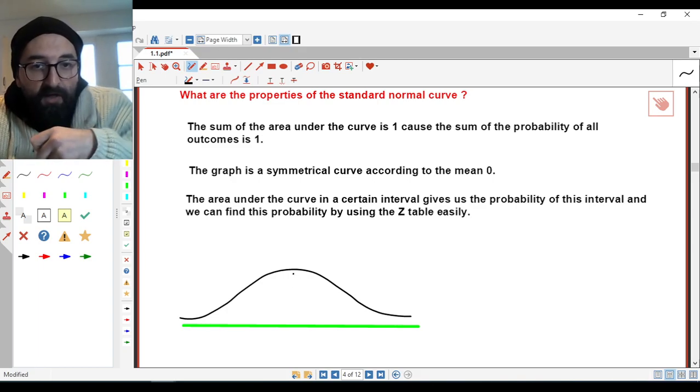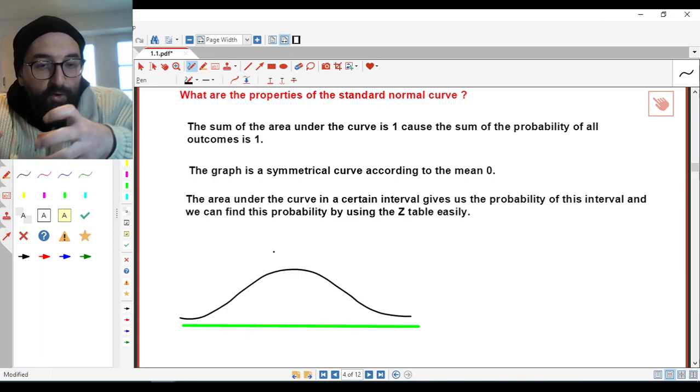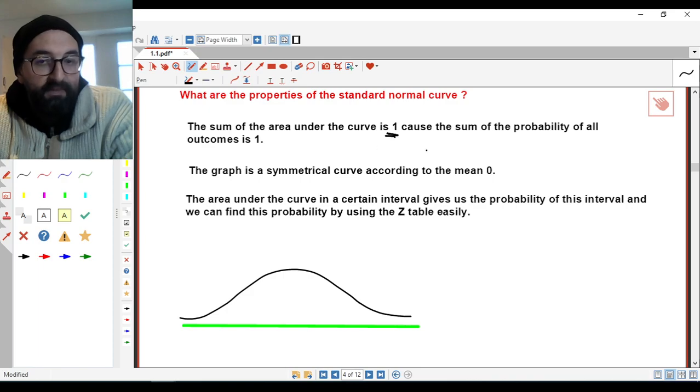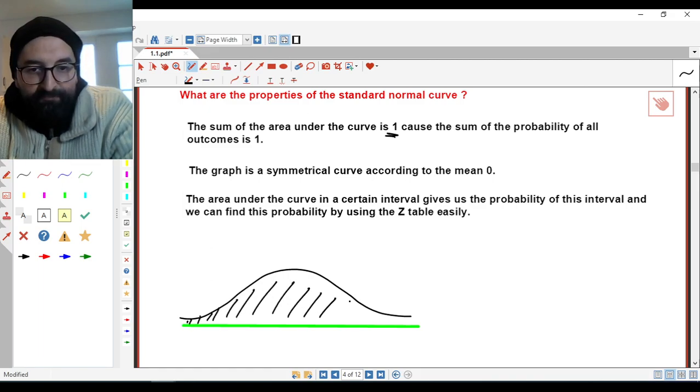Also, the probability of all outcomes is 1. So we can say the sum of the area under the curve is 1, because the sum of the probability of all outcomes is 1.